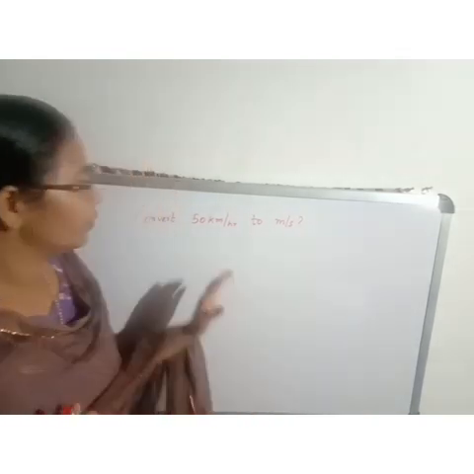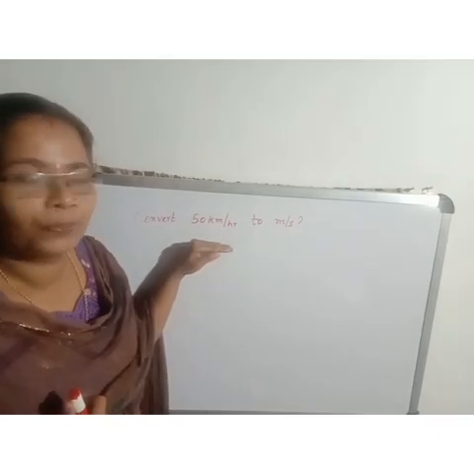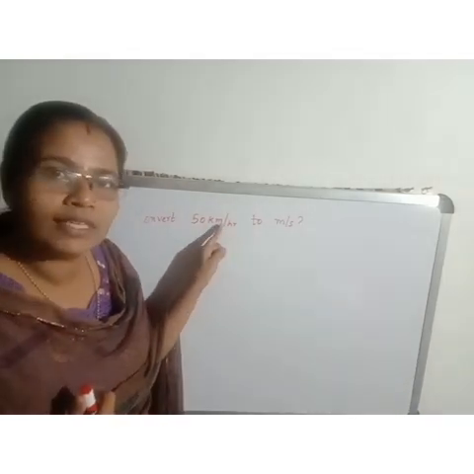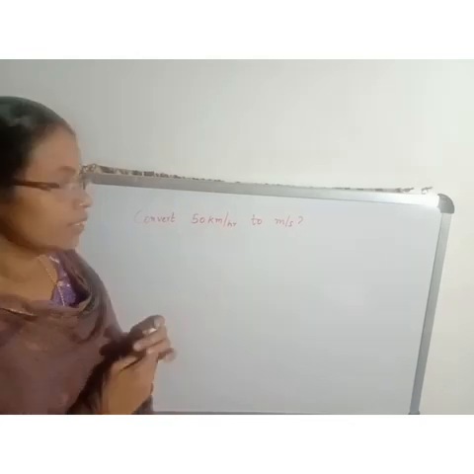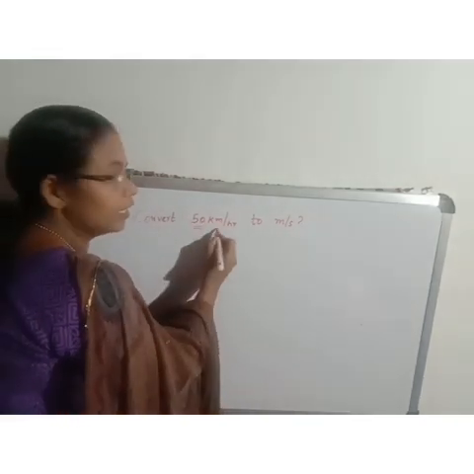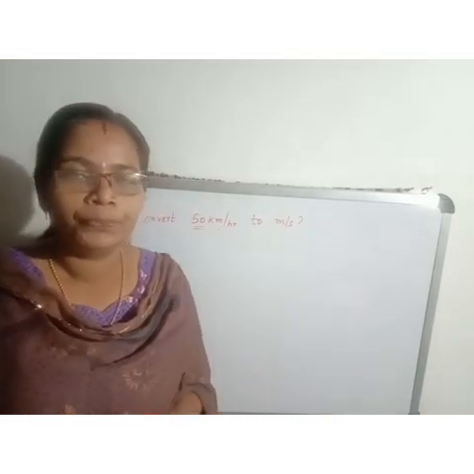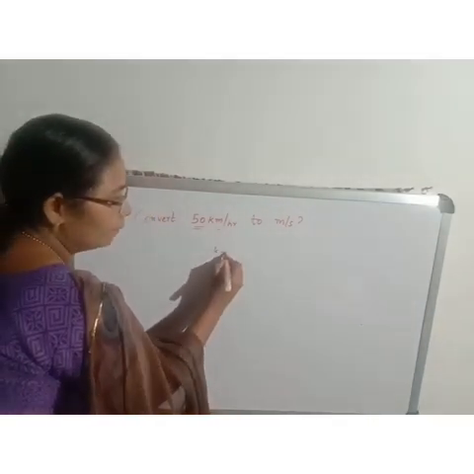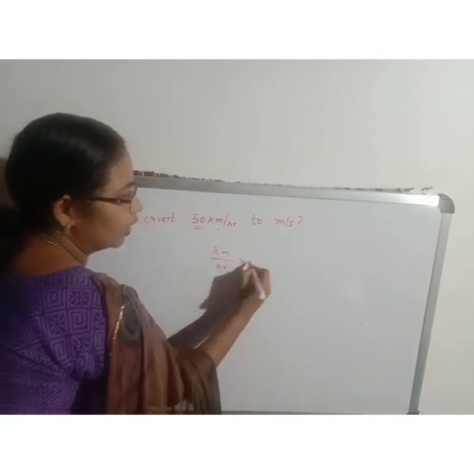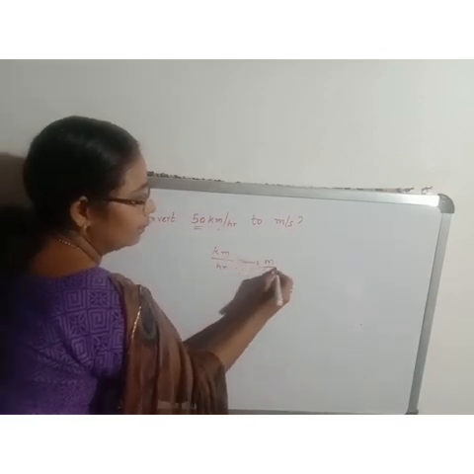The same we are doing in the case of velocity. So here, 50 kilometer per hour velocity. So 50, which is in kilometer per hour, we want to change to meter per second.